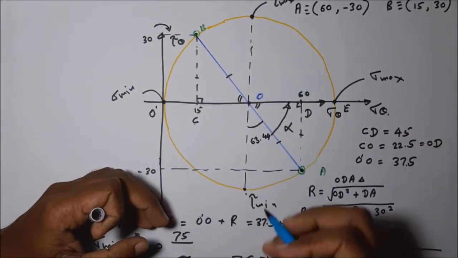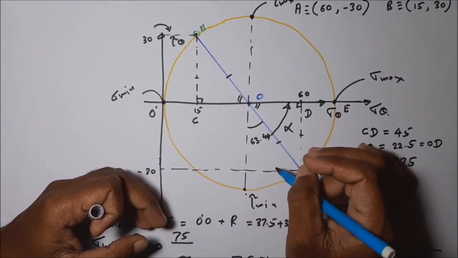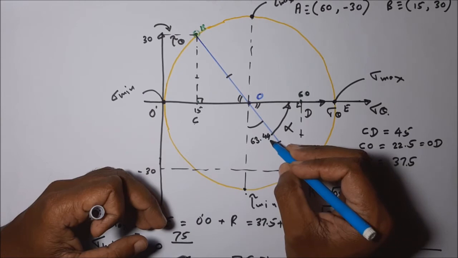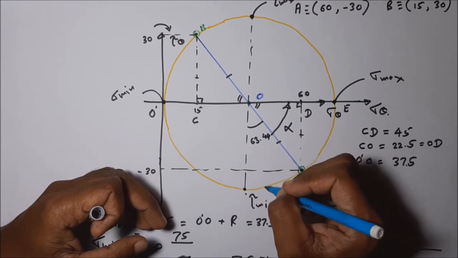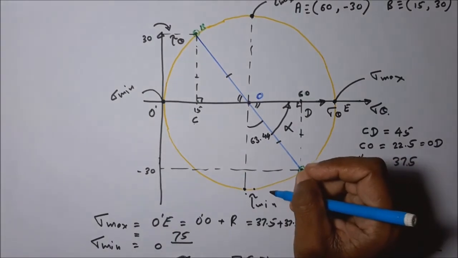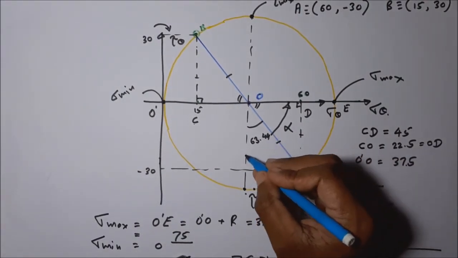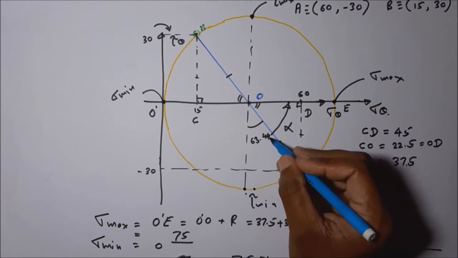Then minus 60 we have to consider, so minus 60 is somewhere in here, because this angle is 63.44.